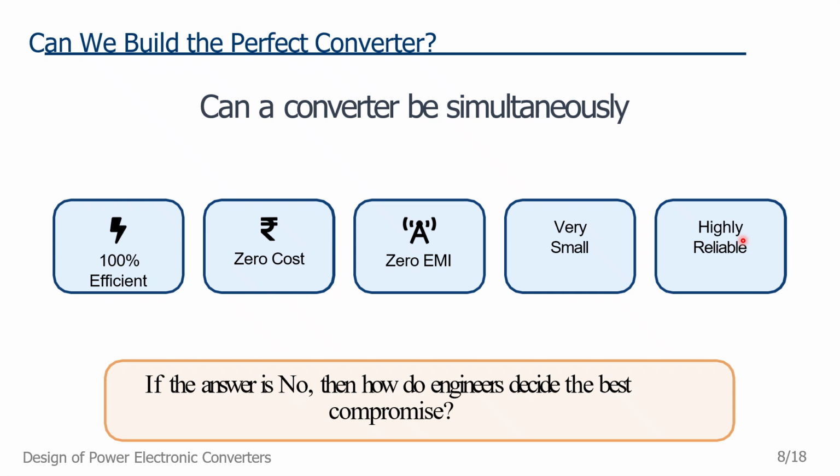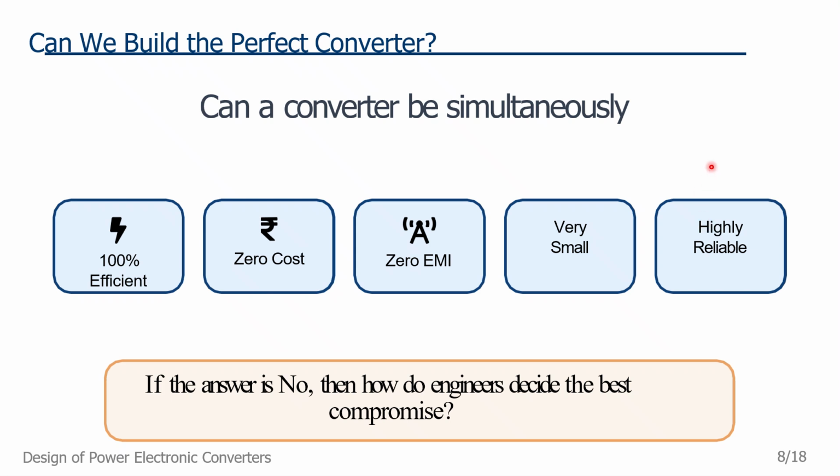I'll repeat my question. Can you design a converter which has all these properties: 100% efficiency, minimum cost, minimum electromagnetic interference, simple design, and which is highly reliable? The answer is no. Engineering is always about compromise.